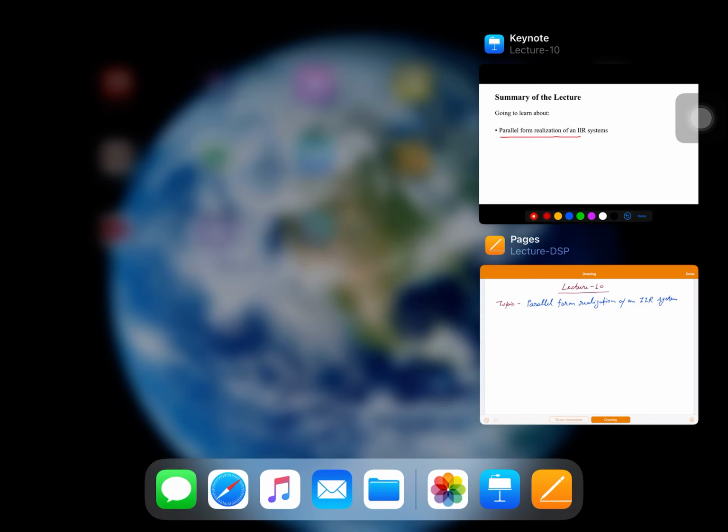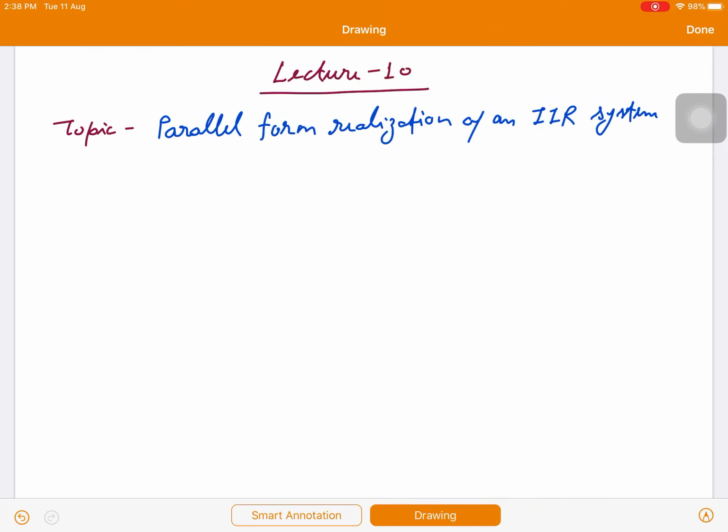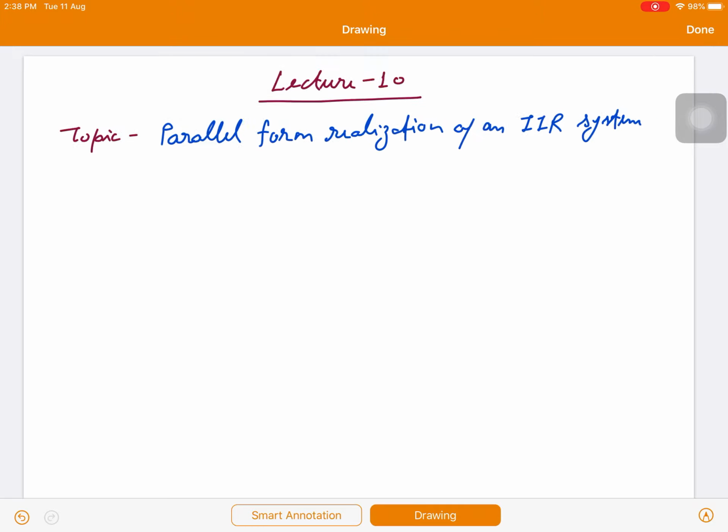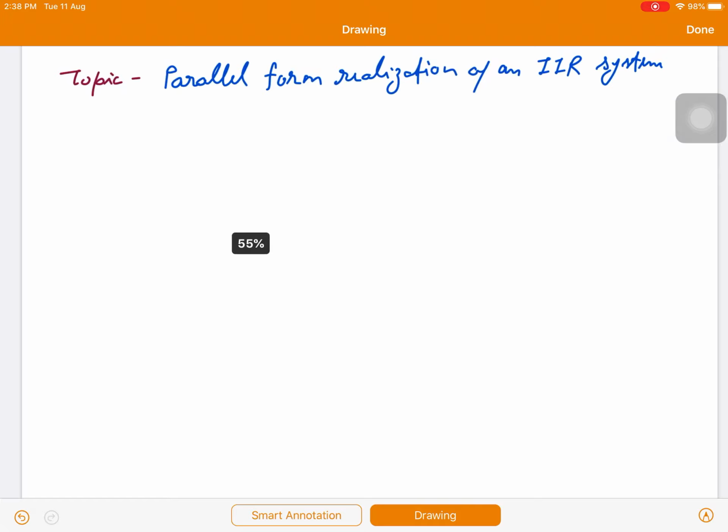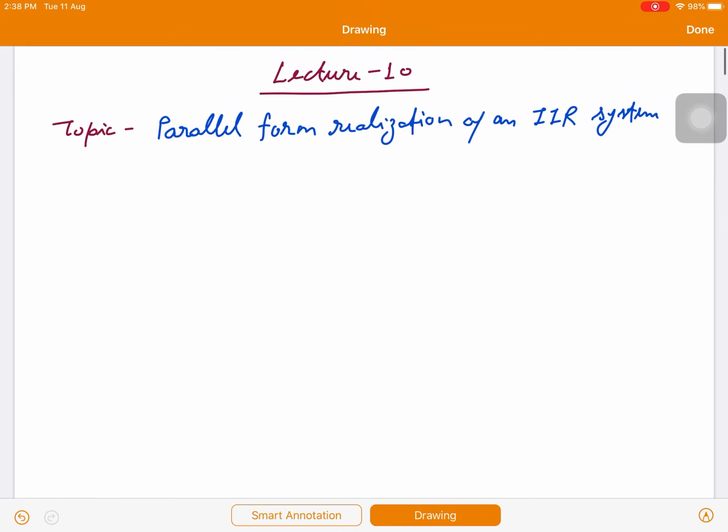So moving further, let's talk about some concepts for parallel form realization.